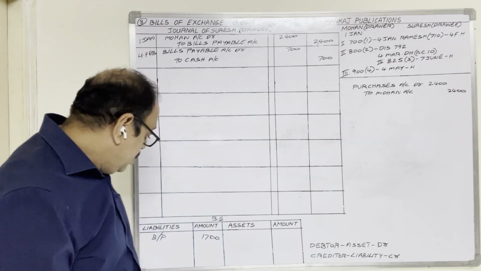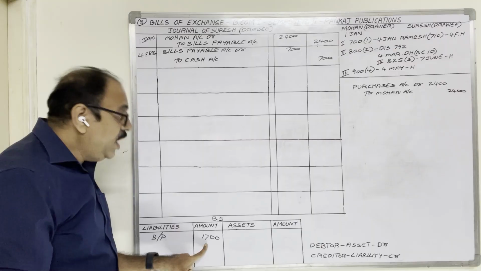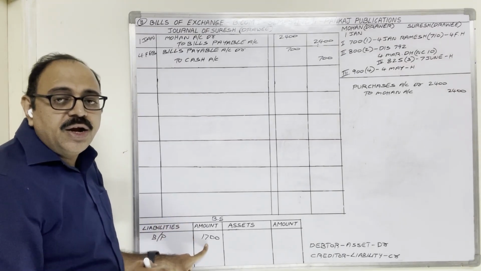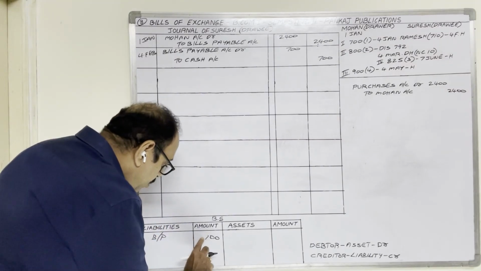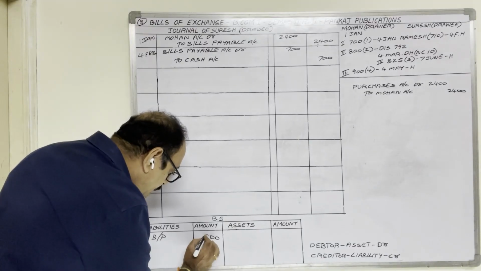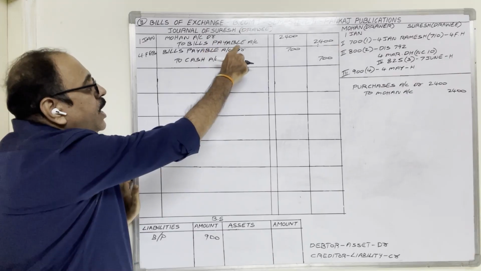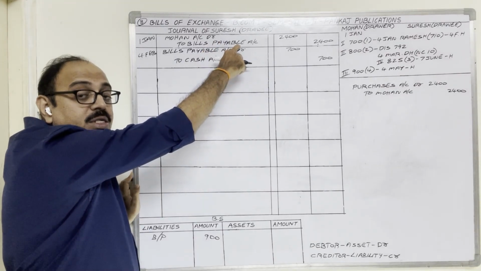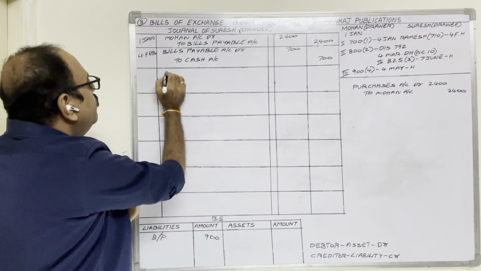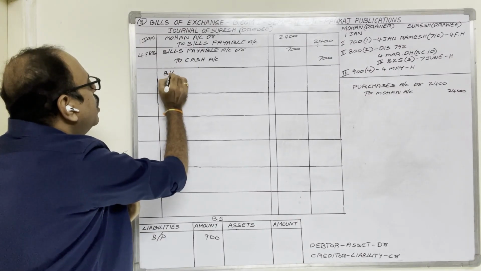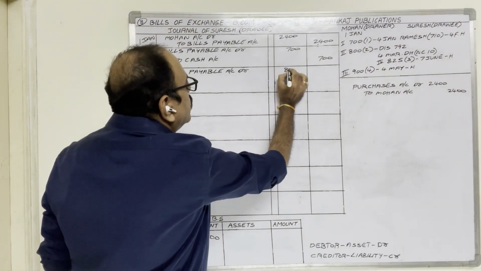In this 1700, the second bill amount 800 will get cancelled. Then the remaining bill amount will be 900. By crediting we had created this 800 bill. To cancel we have to debit. Bills payable account debit 800 rupees.